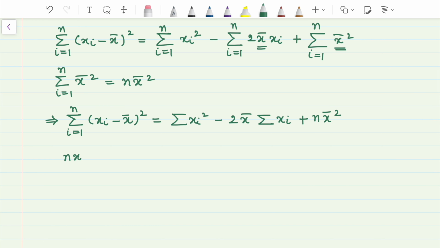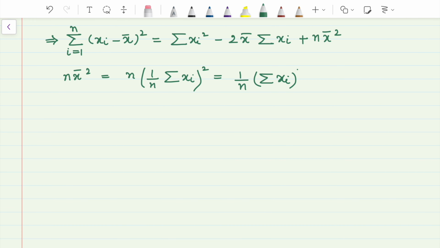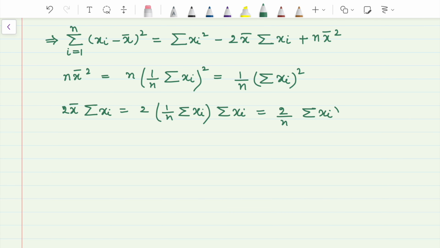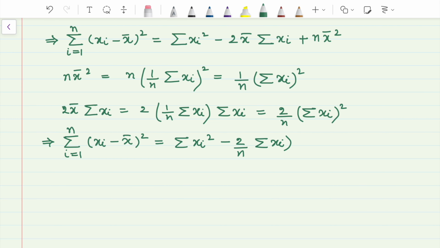Then we substitute the value of x bar as 1 by n times summation of xi. We can also simplify 2 x bar times summation of xi as shown. Finally, we obtain the relation that we showed earlier.